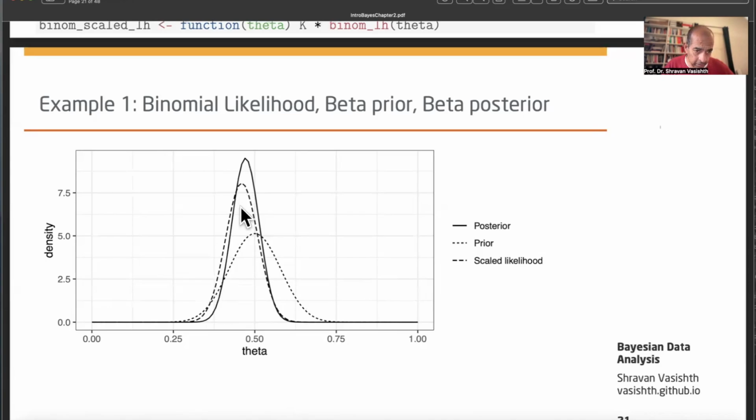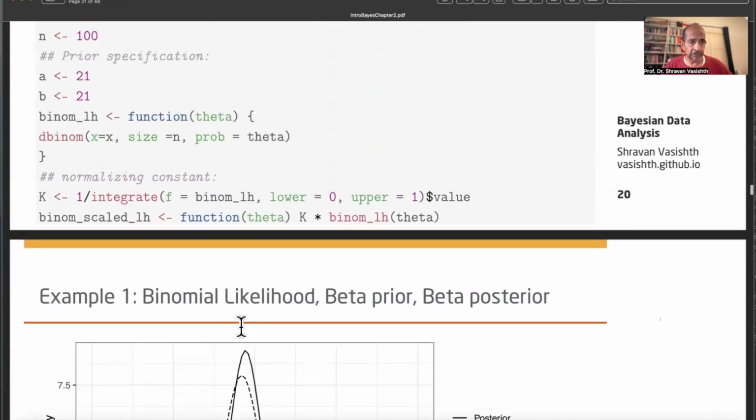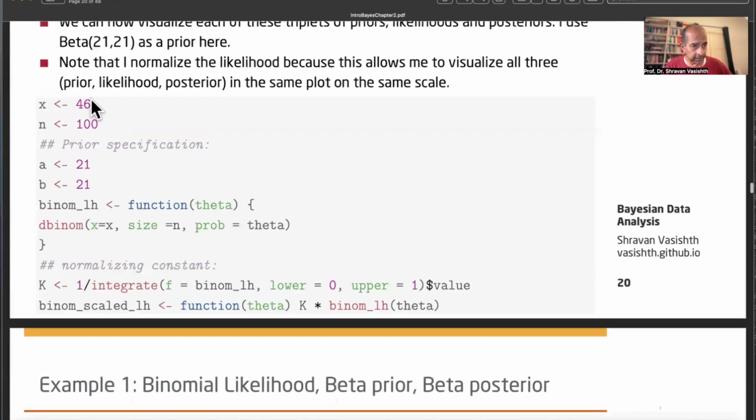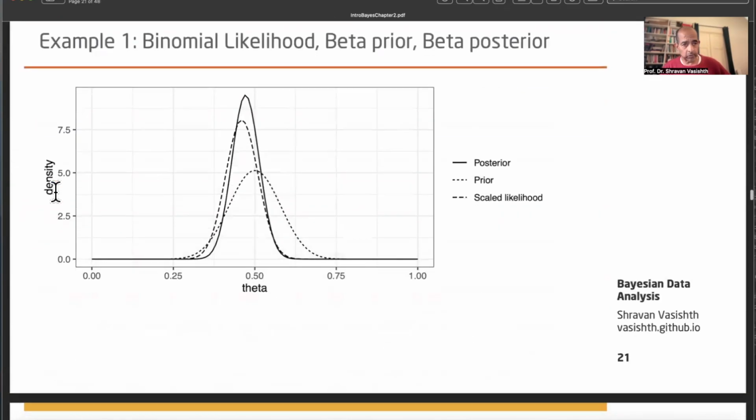It should be centered on 46, right? Because I had 46 successes out of 100 in my data. I'm showing you the prior distribution for a equal to 21, b equal to 21. That's this prior here, centered on 0.5, yeah. And the solid line is representing the posterior distribution of theta, having seen the data.